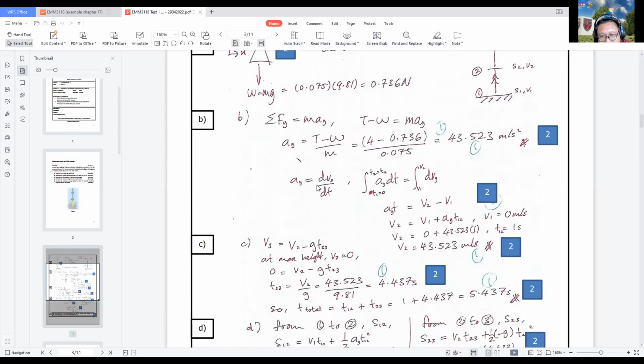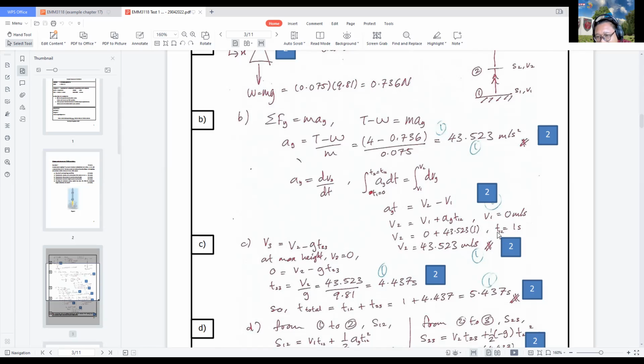You need to derive this: a equal to dv/dt, and with a bit of derivation, you get a_y t equal to v2 minus v1. Then rearrange that to become this equation. And then you can insert the value of t, which is equal to 1 second from point 1 until point 2.